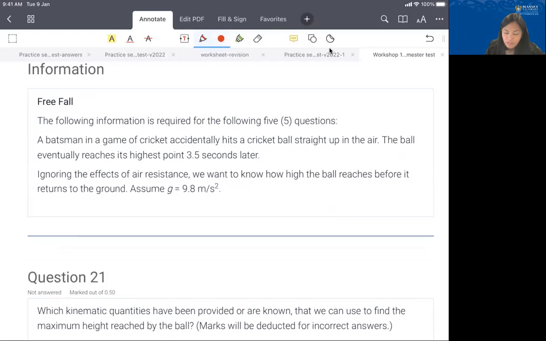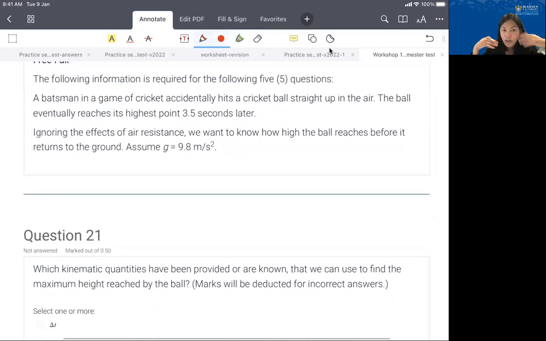All right, the next one is a free fall question, which also means that we need to use kinematic equations, but we also need to use some of our conceptual knowledge about free fall. A batsman hits a cricket ball straight up.